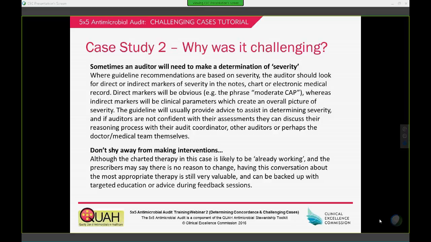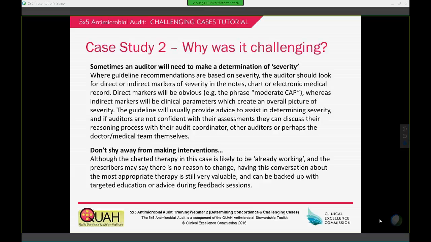Yeah, that's where it becomes a bit tricky. It becomes a bit of a judgment call. If you as an auditor are confident that that prescriber has made that prescribing decision based on a reason that they have documented somewhere.